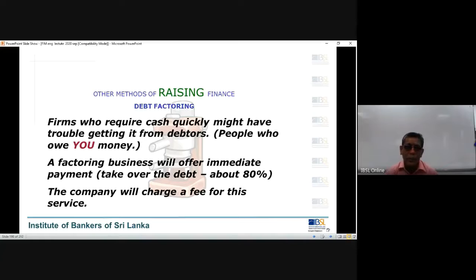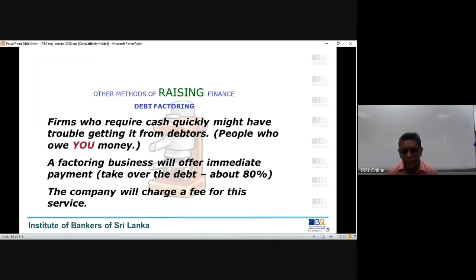When you issue items on credit, customers ask for a credit period, maybe three or four months. They may issue post-dated cheques sometimes, so you get the money only after three or four months.